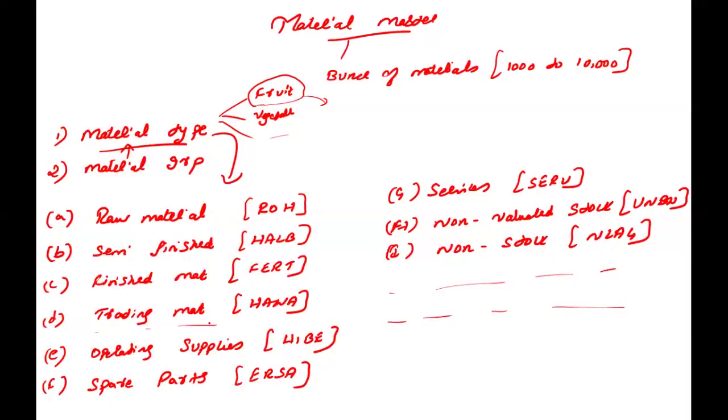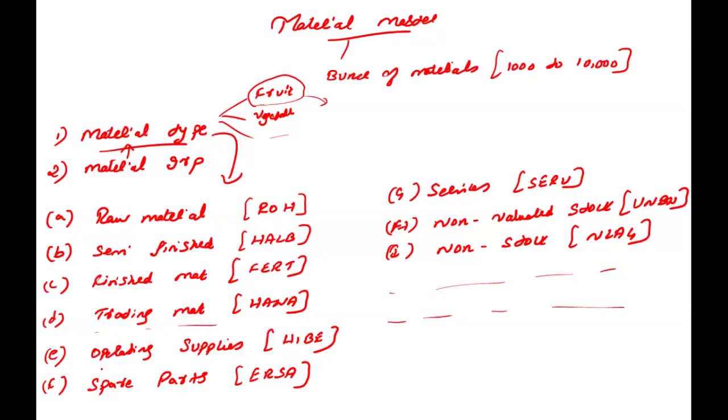That means telling the customer that it is manufactured by this company only, but actually that material is not manufactured at this company. It is manufactured somewhere else. So you are trading the material from another supplier to the customer. You are being a mediator. Those types of material are called trading materials.